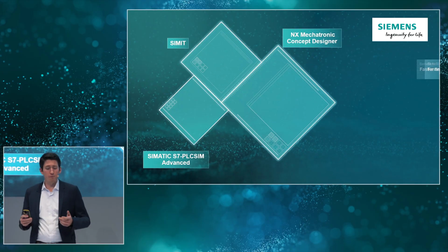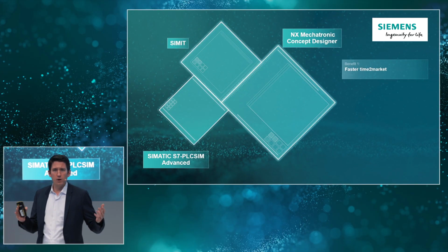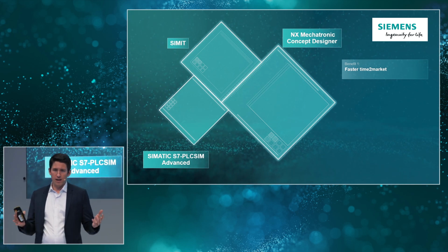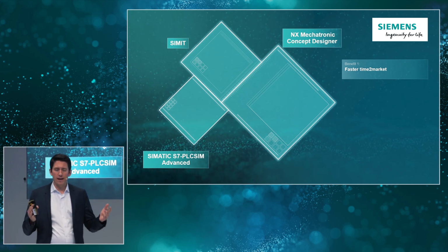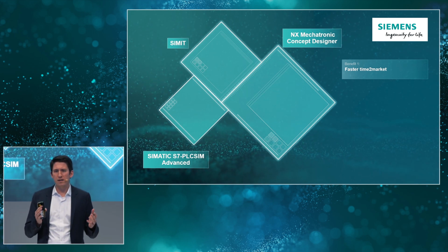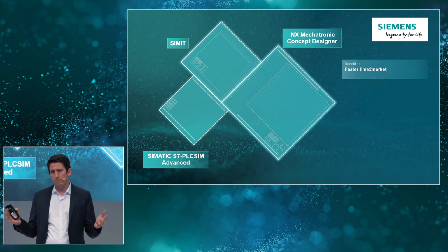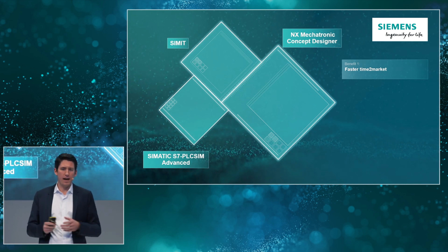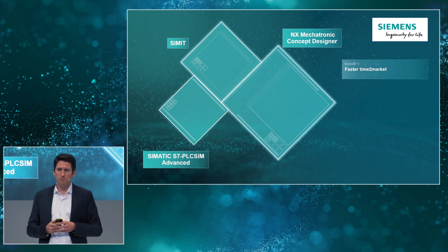The first advantage is you achieve a faster time to market, because the virtual environment enables you to simulate it, and the engineering department and the automation department can work in parallel on the same project. So no one needs to wait until the previous engineering step is completed.